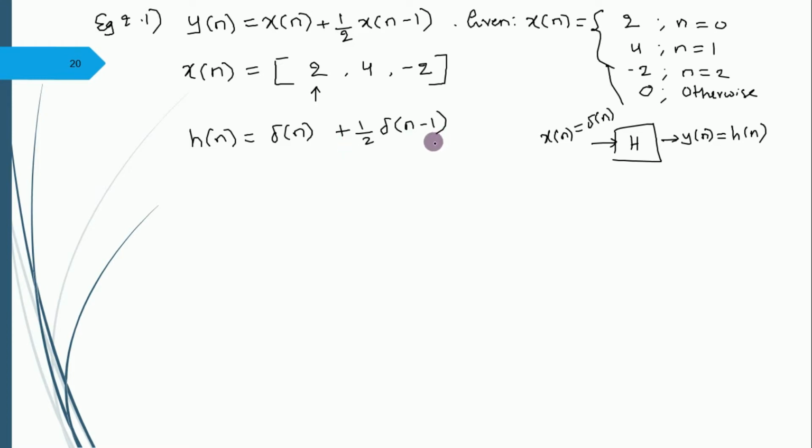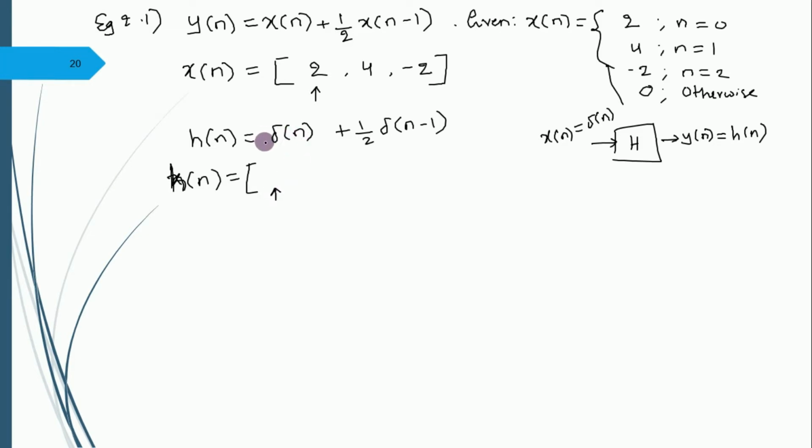If I write it in terms of the sequence, h of n would look like this. When n is equal to 0, this will have area equal to 1, strength equal to 1. Everywhere else it is 0. So only at n equal to 0 this is 1.